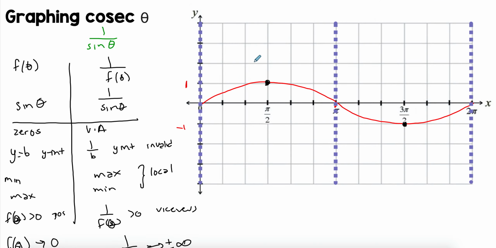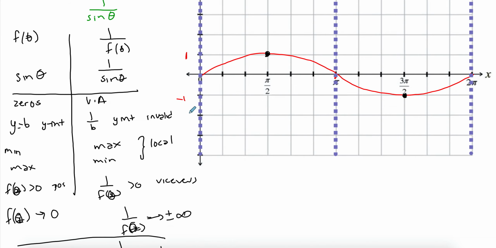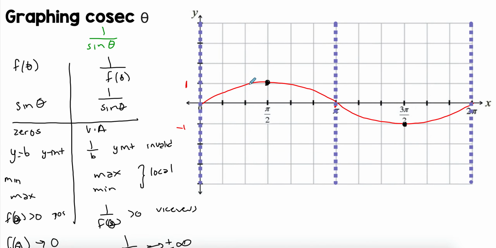Now, what's happening here is I'm going to use the fact we did as it gets to 0. So as f is getting close to 0, you're noticing that the y value is decreasing. It means my reciprocal is going to reach infinity. And it's going to be positive because we said if f of theta is positive, then the reciprocal is positive.